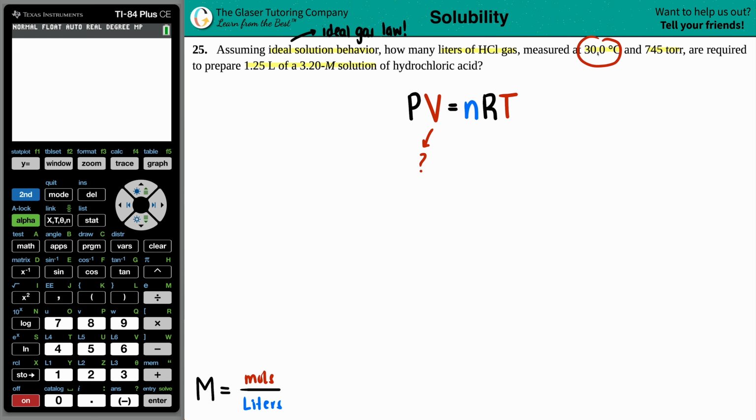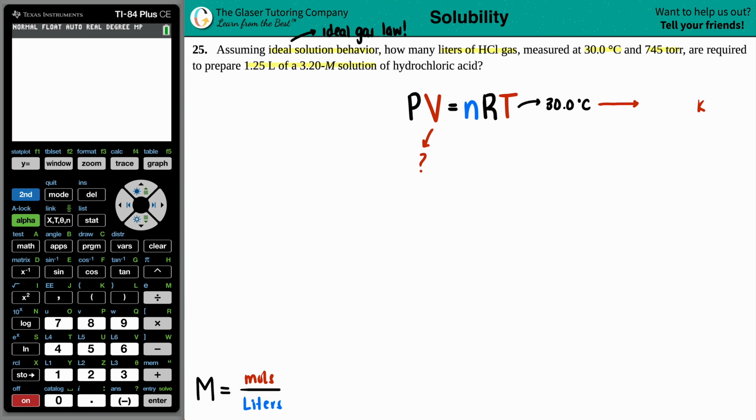They did tell us that we're at 30 degrees Celsius, right? So 30 degrees Celsius would be the temperature. However, when you're using PV equals nRT, Celsius is not allowed. So we just have to convert Celsius into Kelvin.